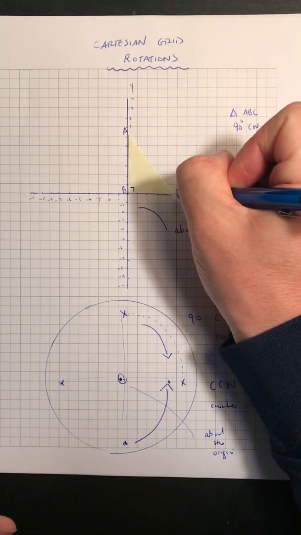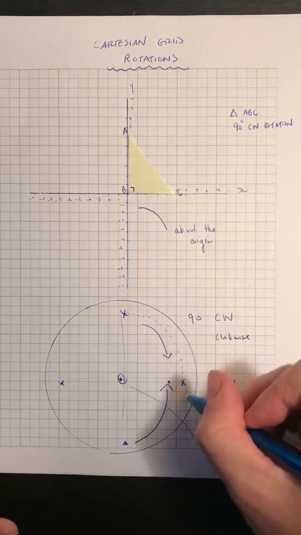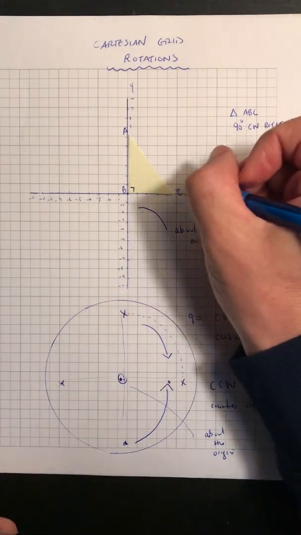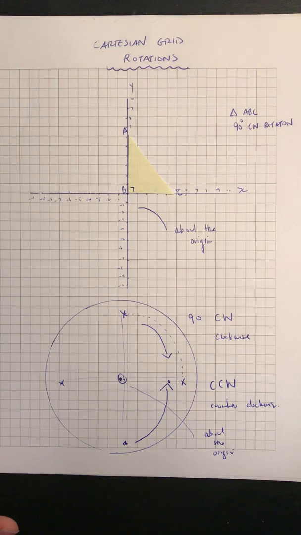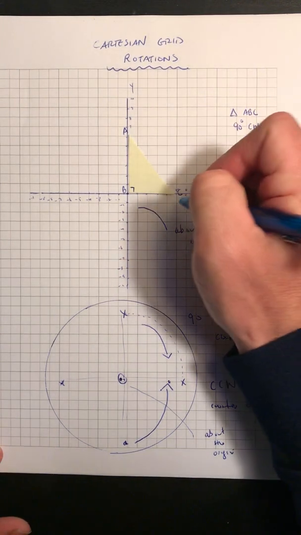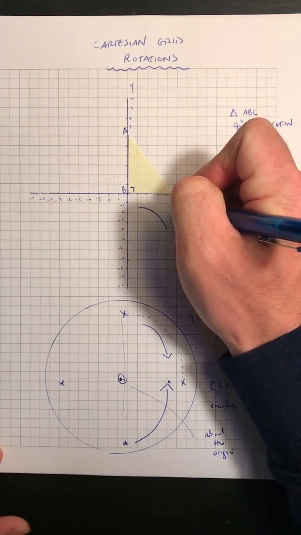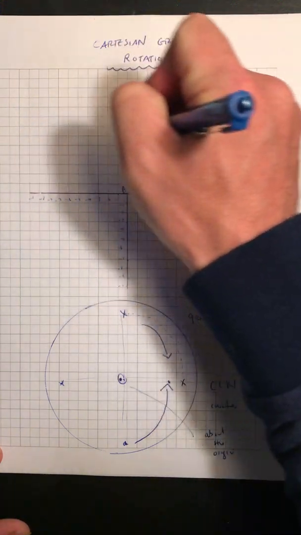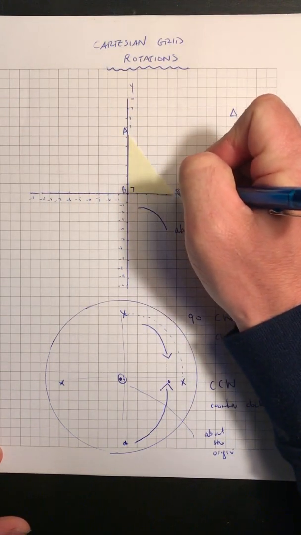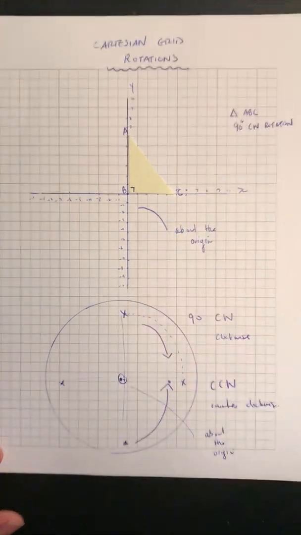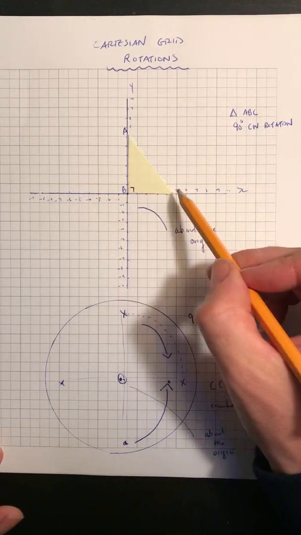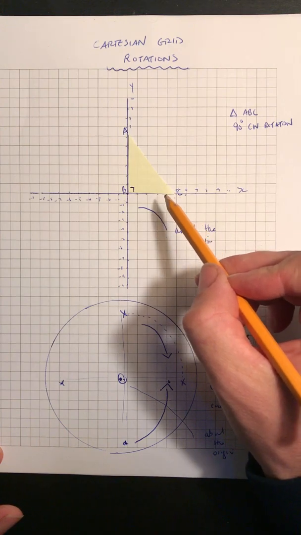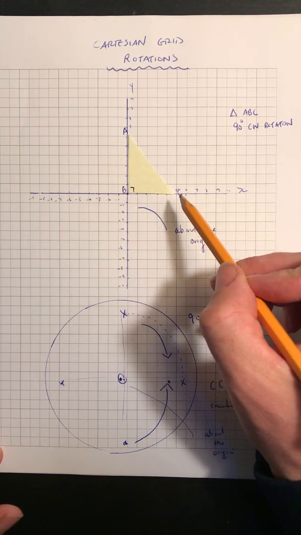I pick a point where I can easily see, if I look back at my circle diagram, a 90-degree clockwise rotation. If we were going to pick this point and come all the way down here, we'd have 360 degrees come back. But if we're going to make a 90-degree rotation, when you have a shape like this, I'd make one of these little right angle triangle diagrams just so you can get in the habit.